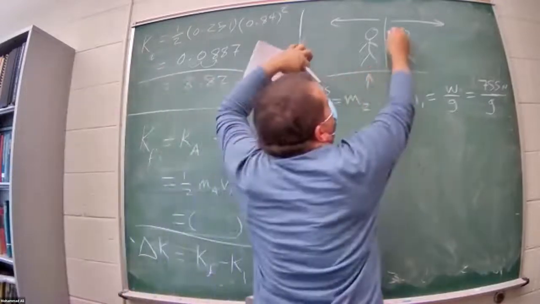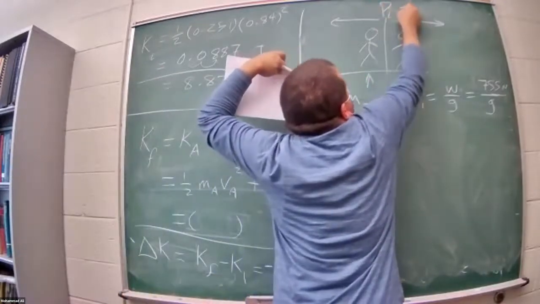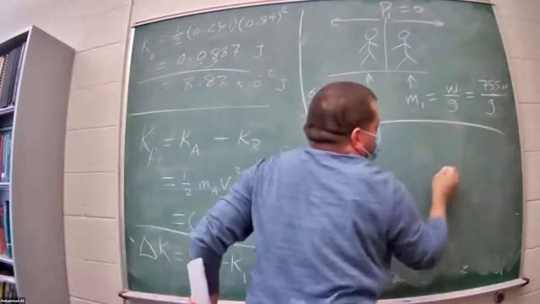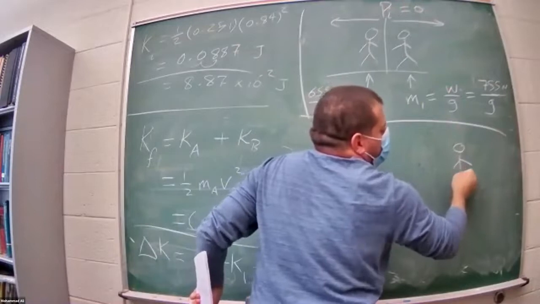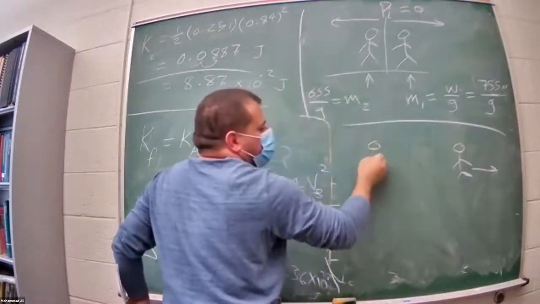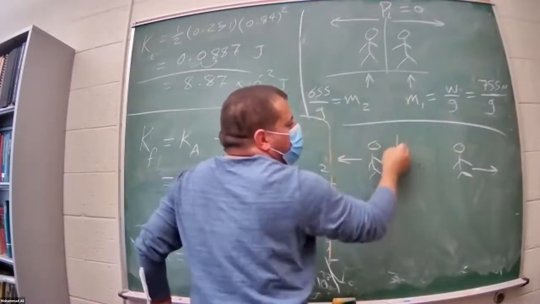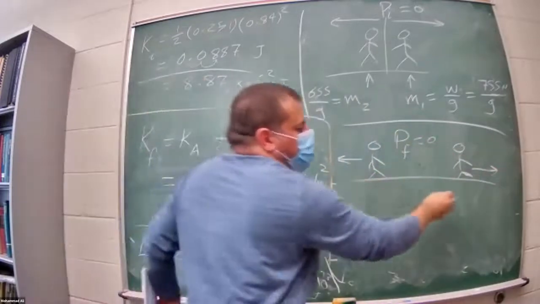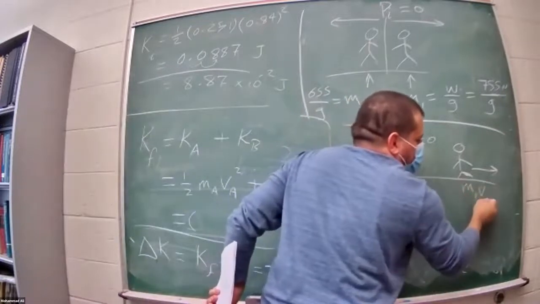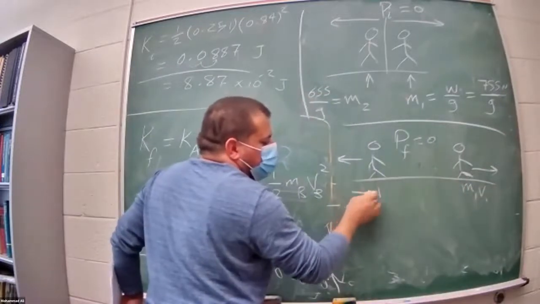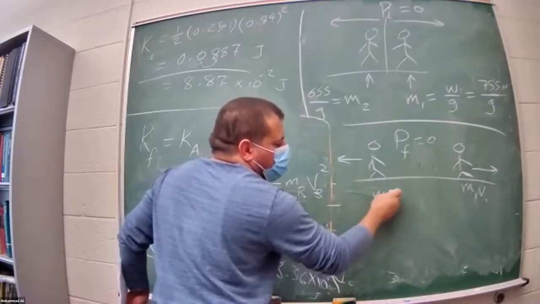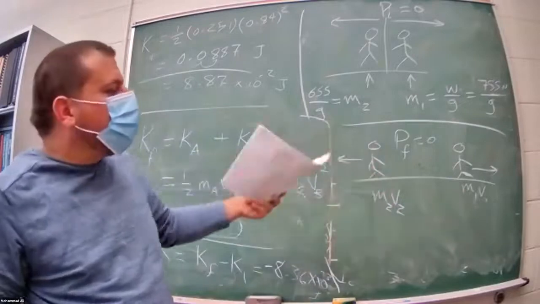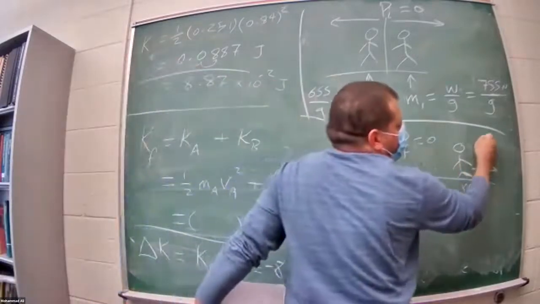Now, initially, their momentum, P initially, is equal to 0. Then P finally, after they go away from each other, should equal 0 also. We have a mass and velocity for the first one, and a mass and velocity for the second one, which gives the momentum.